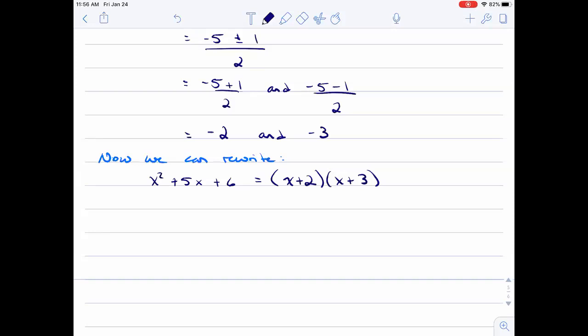I'm showing you this because I hate factoring. So I like to have just a concrete way to say that, because I was able to find this and this here, then I can rewrite this as this. And I don't have to think about, it has to multiply to this, it has to add to this.